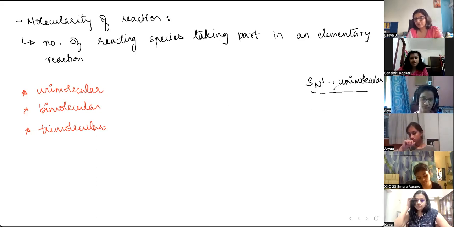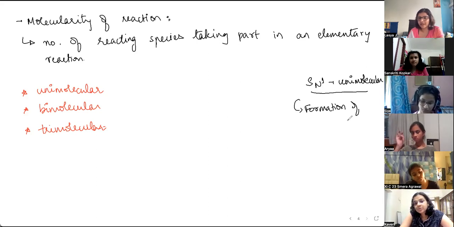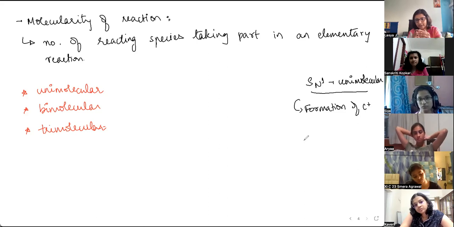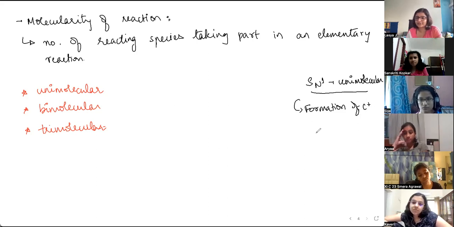And for carbocation formation, how many molecules are involved? Do you have a carbocation forming when two molecules collide with each other, or three molecules collide? When the carbocation is formed, the nucleophile doesn't have any role.